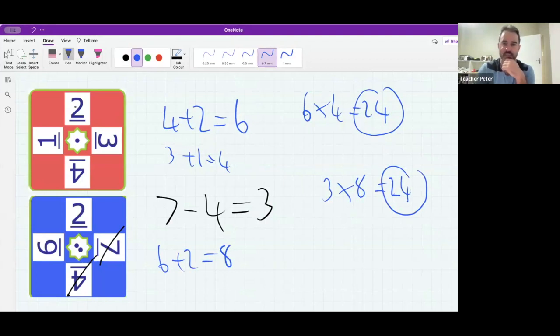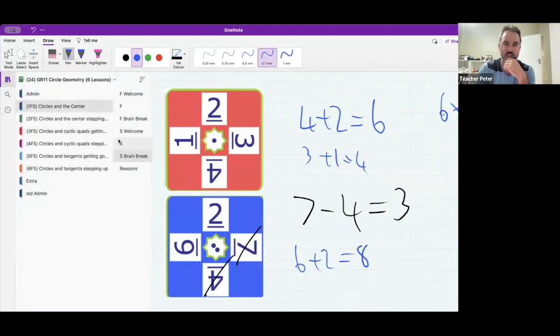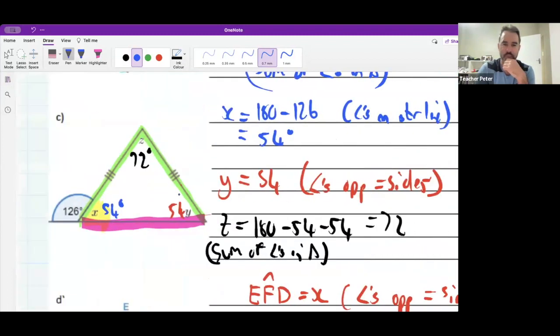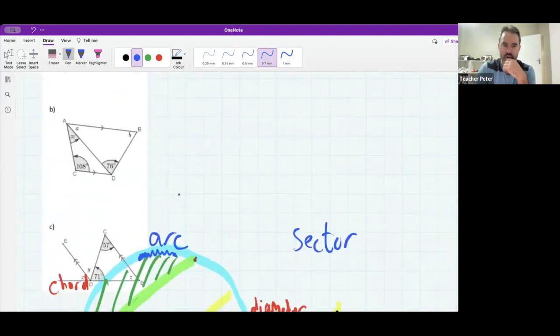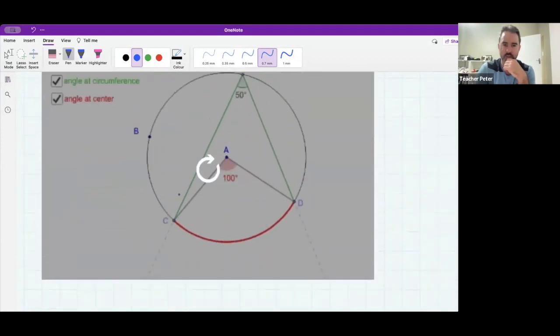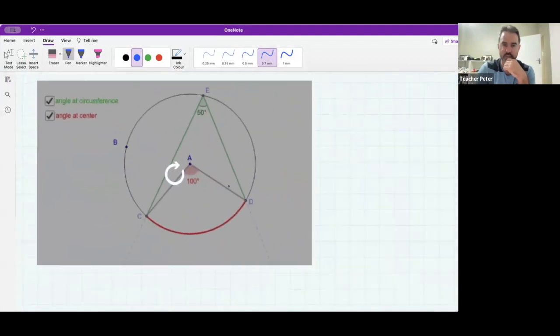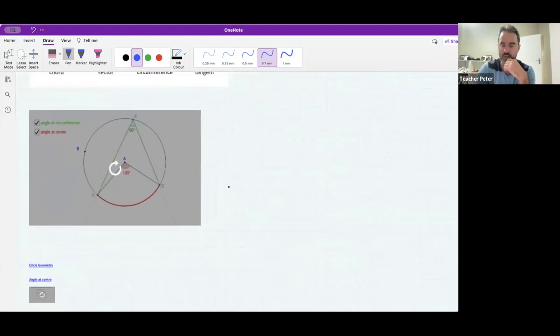Awesome. Okay, let's go back to the second half of today's lesson. As we look at a circle, I want to introduce you to something called the angle at the center and the angle at the circumference.